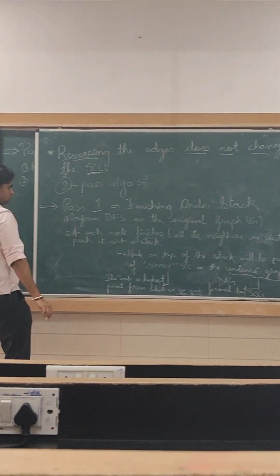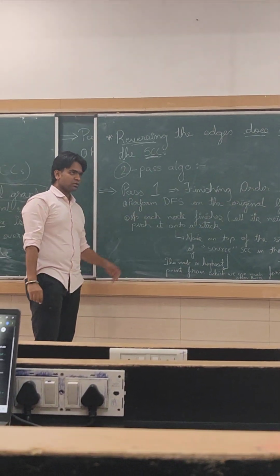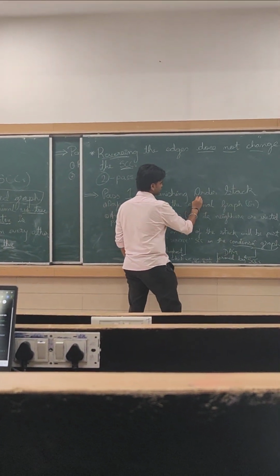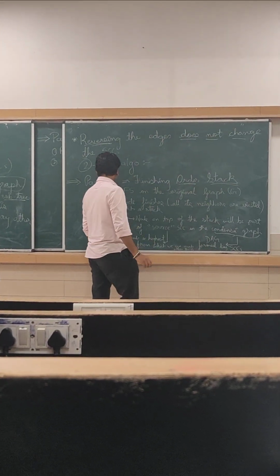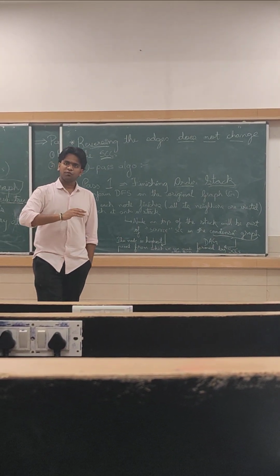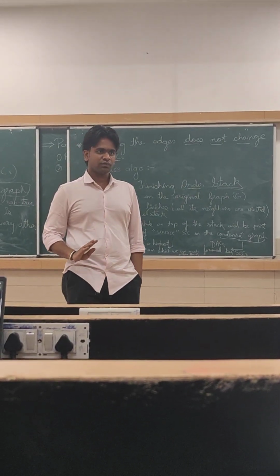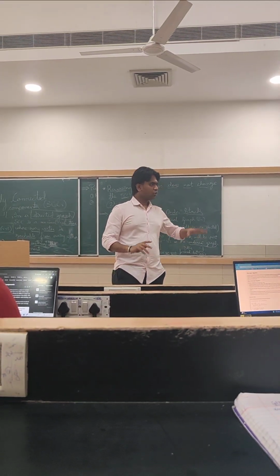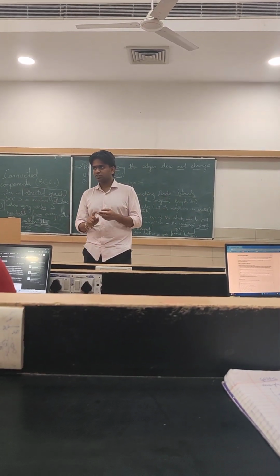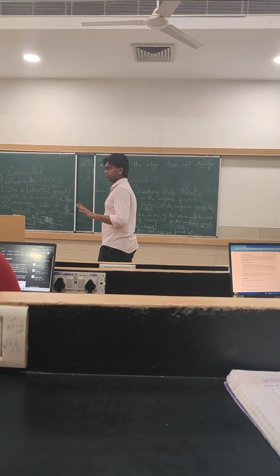It's a 2-pass algorithm. Let us first see pass 1. Very simple. You finish the order stack. So what you do is basic: perform depth first search on the graph. It will be a very big graph. You know the vertices and the edges, V, E. Just perform the depth first search.